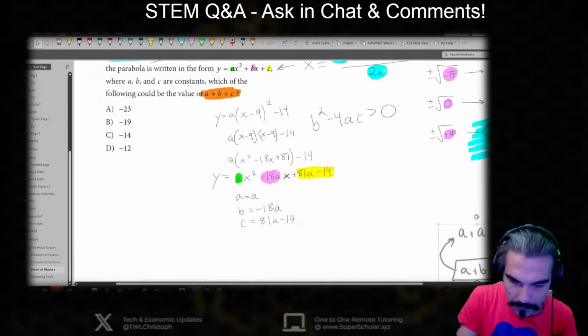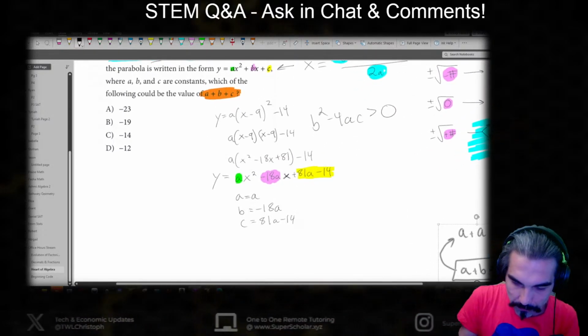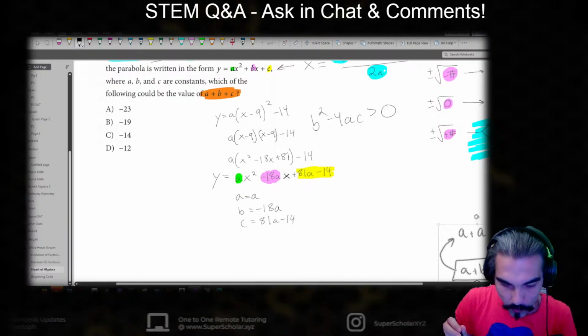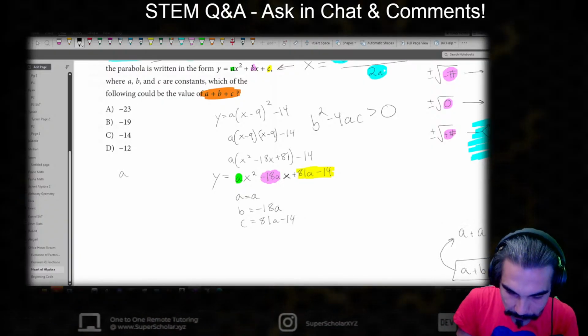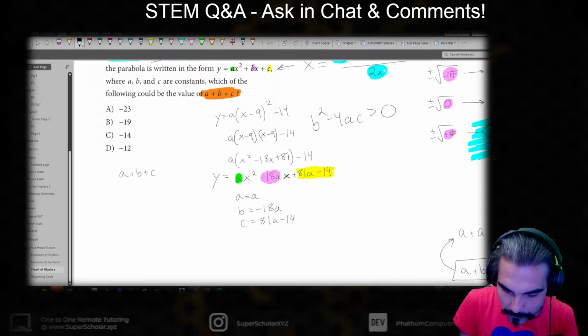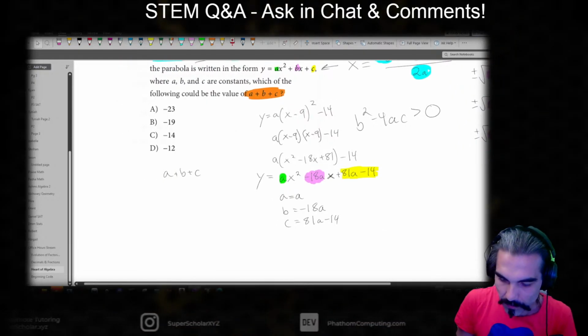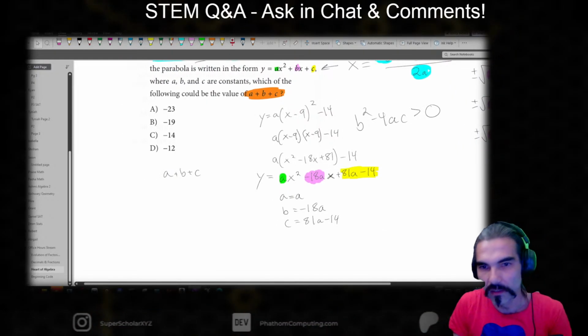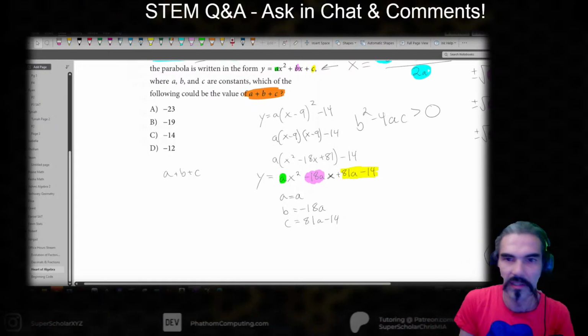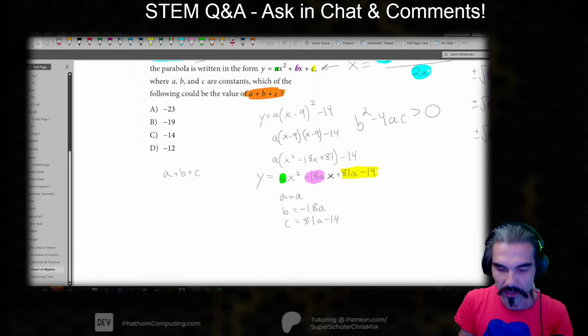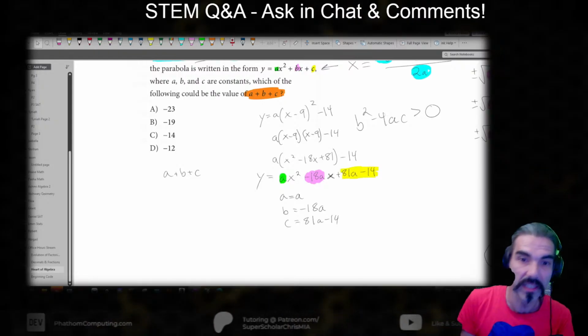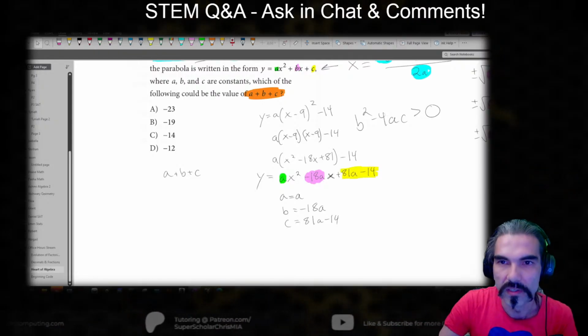Cool. Now we have a plus b plus c. We plug in a, b, and c, even though they are other variables, because if we can replace things with something more convenient, do it. No reason not to.